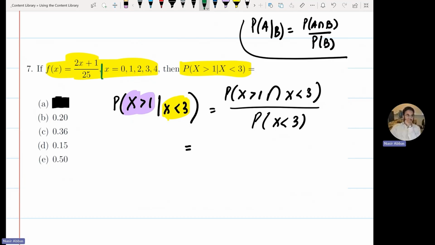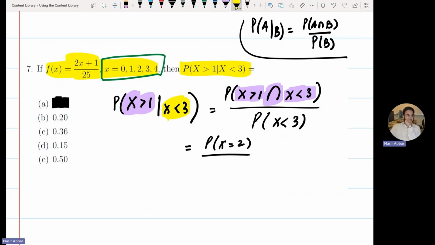What are the values of x among these values which are greater than 1 and at the same time less than 3? Why am I saying and? Because of this intersection, I'm saying and. They are greater than 1 and they are less than 3. What are those values? Only 2.